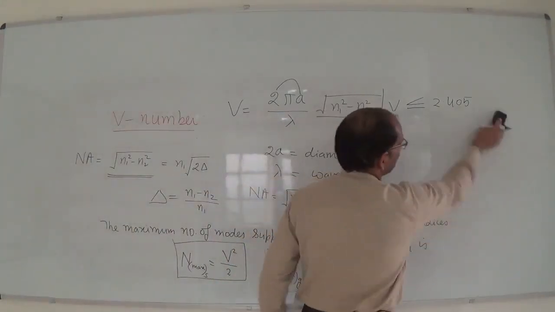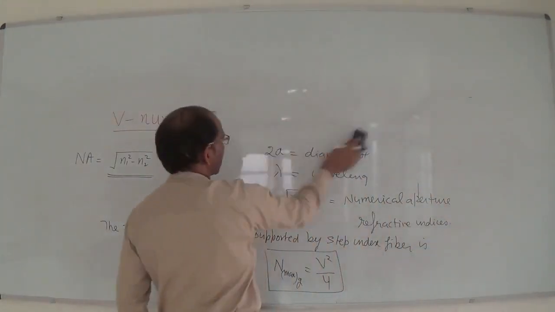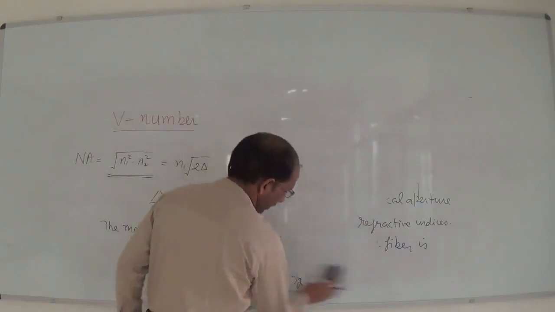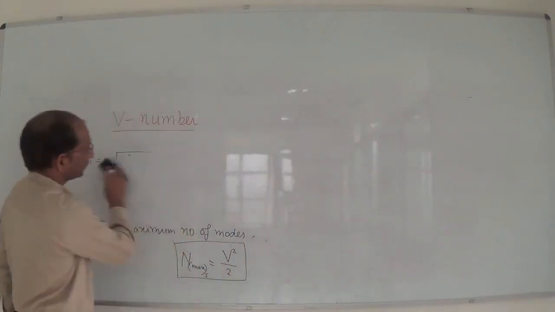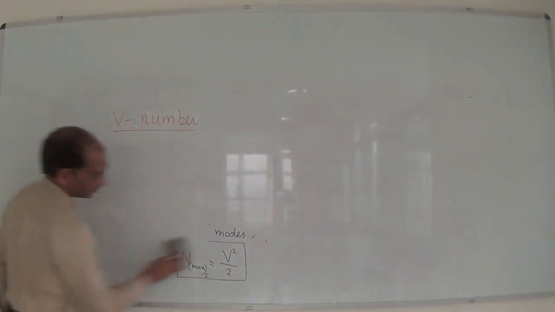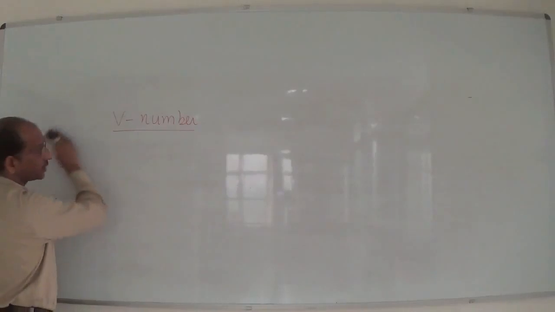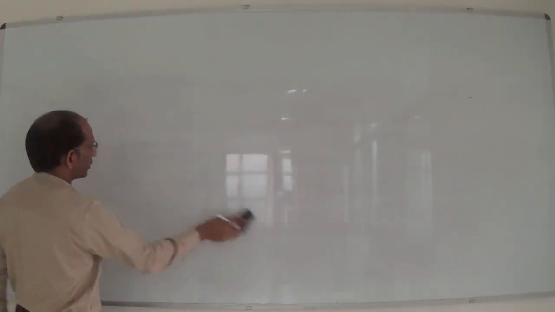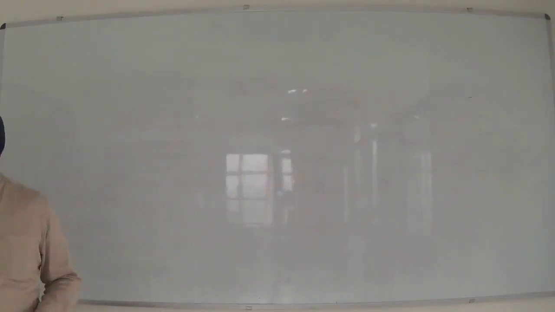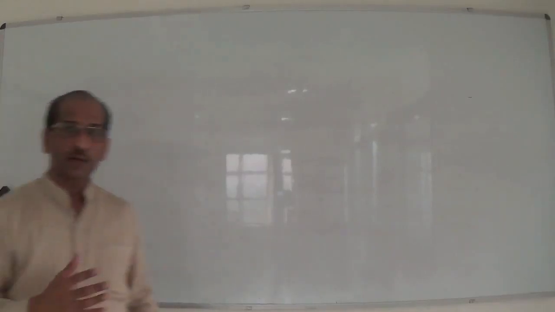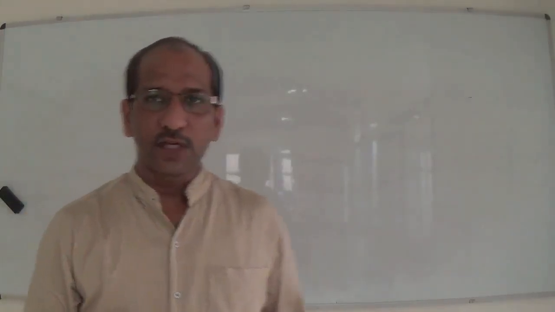So this is one of the important parameters to design the optical fiber, single mode or multi-mode, and we use it to find the modes in a particular optical fiber. So this was the basic idea about the V number.